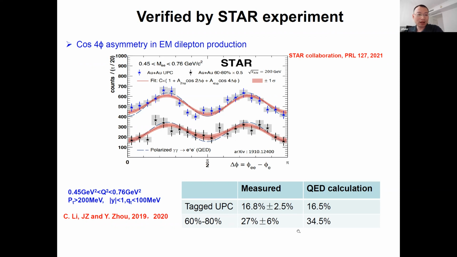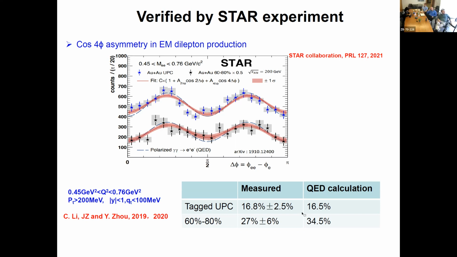I suspect the reason for this small discrepancy is that in our theoretical calculation, we only take into account pure electromagnetic lepton production, while some amount of lepton pairs come from hadronic background in peripheral collisions. So if I remove this part of the contribution in the denominator in the data analysis, it may make the measured asymmetry a bit larger.